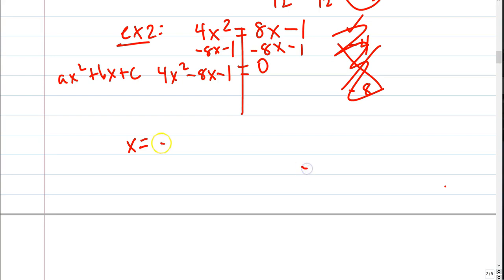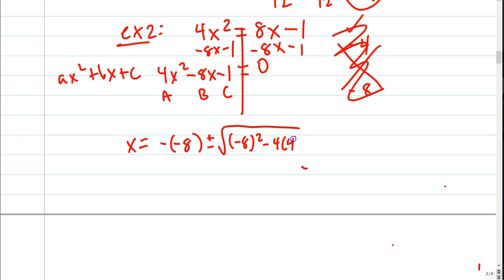x is equal to negative b, negative a, b, and c, so negative 8, plus or minus the square root of b squared minus 4 times a times c, all divided by 2 times a. x is equal to.